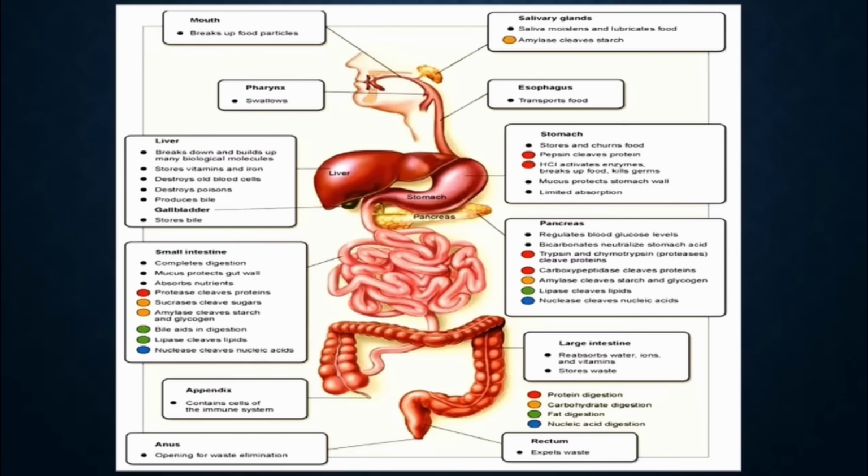Here, the stomach acid is neutralized by bicarbonates, whereas trypsin and chymotrypsin, otherwise called proteases, cleave the proteins, and carboxypeptidase cleaves proteins, and amylase cleaves starch and glycogen. The pancreas also secretes lipase, which cleaves lipids, involving emulsification and saponification of fats. Nucleases also cleave the nucleic acids, which is not mentioned in our textbook.